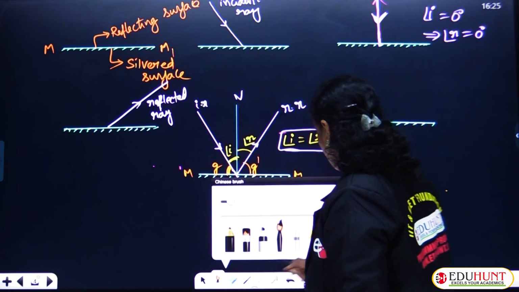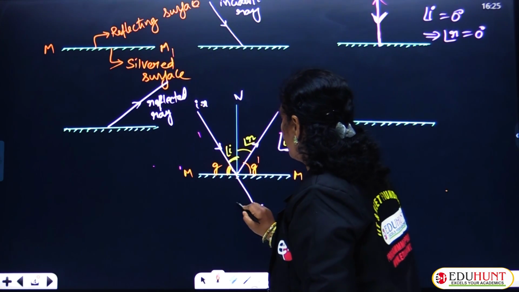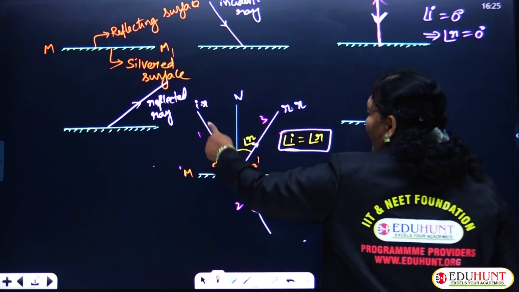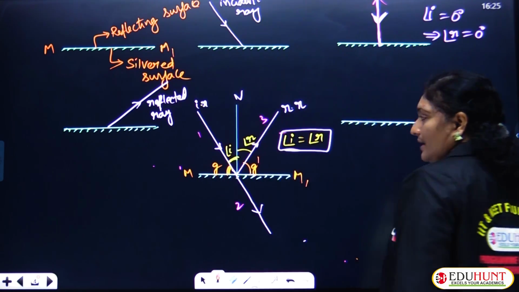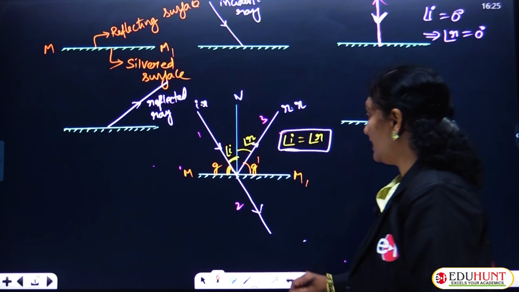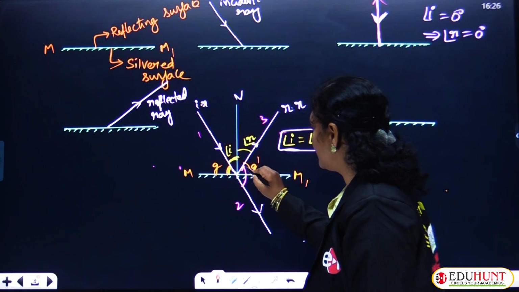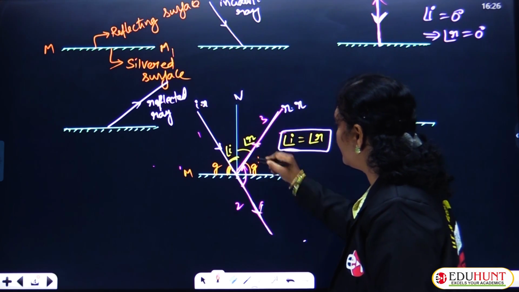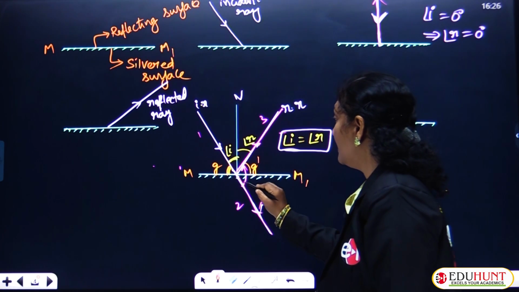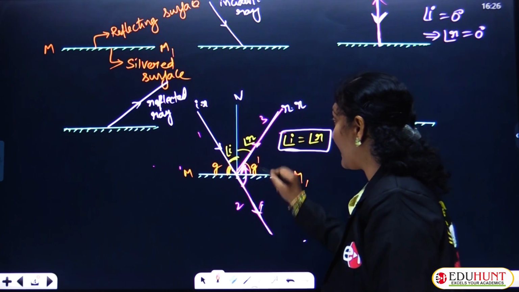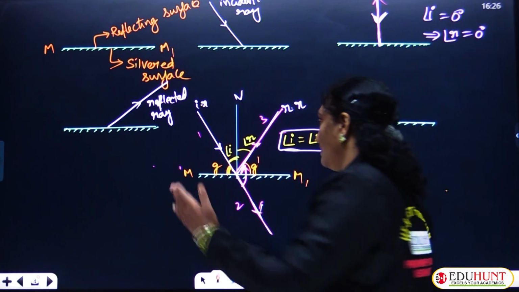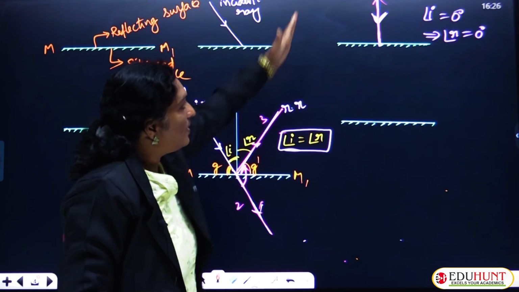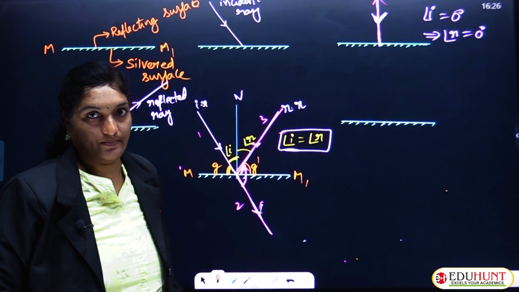Path 1, path 2 and path 3. Instead of going from 1 to 2, the light ray is going from 1 to 3. That means instead of going in this direction, it is actually going in this particular direction. That means this much angle is deviated. Like this, instead of going straight, it is deviated and goes in this particular direction. Okay.